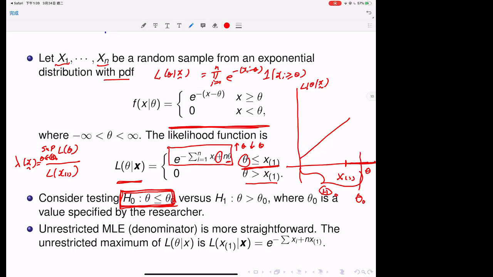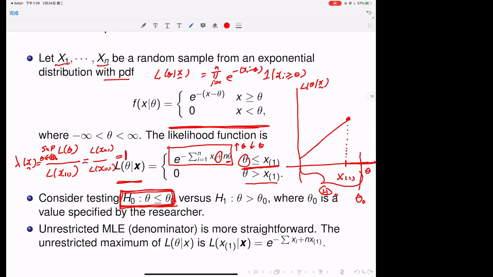Looking at this picture, what's the MLE? x1 is my MLE. So the numerator is still x1, and the denominator is still x1 as well. That means lambda x is 1.